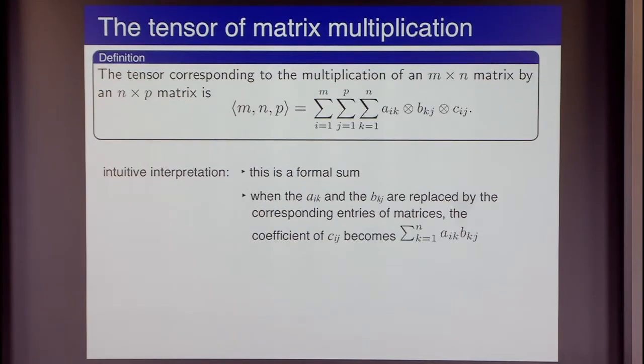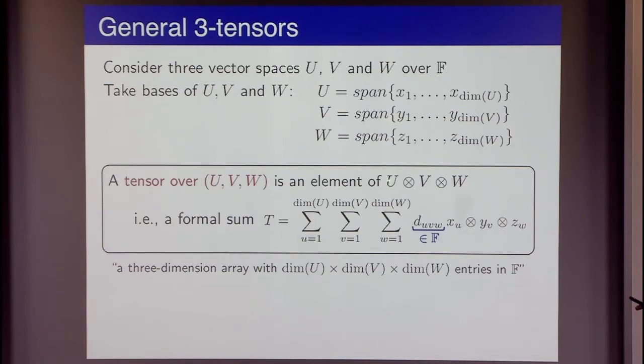Okay, so we will focus on the tensor of matrix multiplication, with the same definition as in previous talks, with the same notation, bracket m, n, p. So this is a formal sum, but you can interpret it as a tensor, an element in the tensor product of three vector spaces.